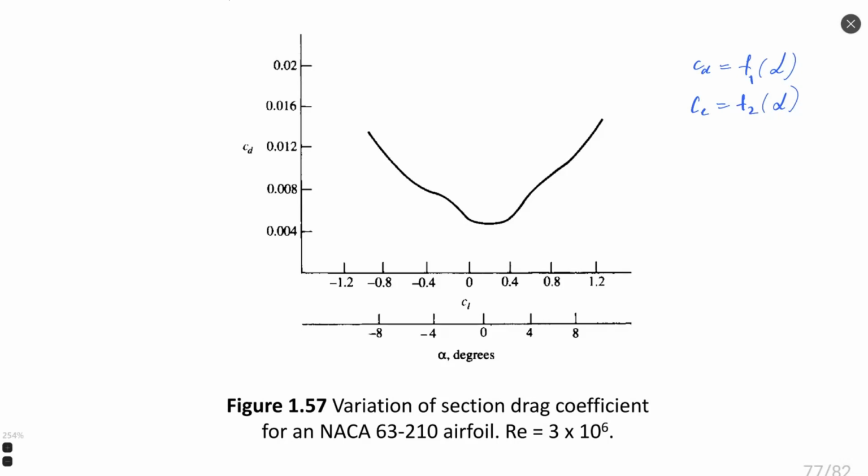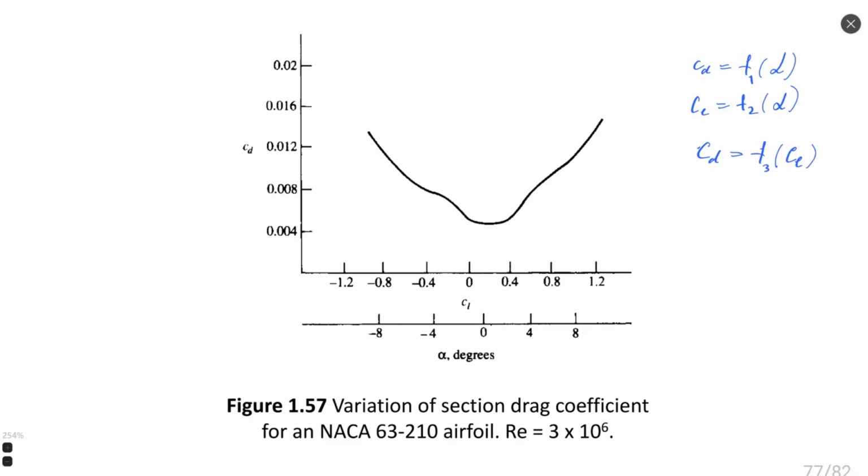Combining these two functions together, since they have the same parameter in common, like a parametric function, we can write that CD is a function of CL, which is shown also here.